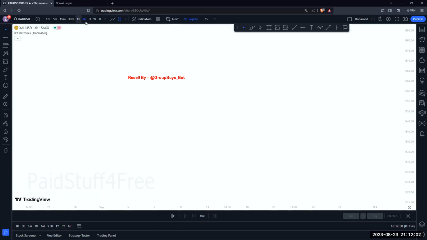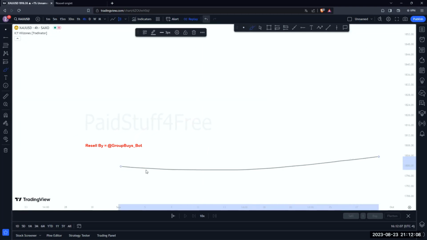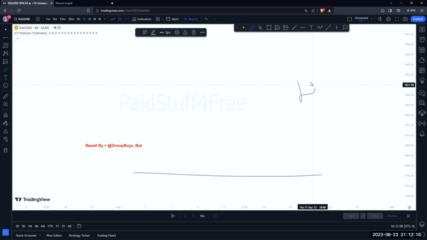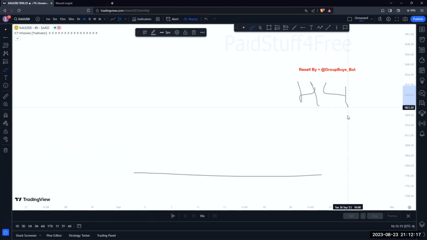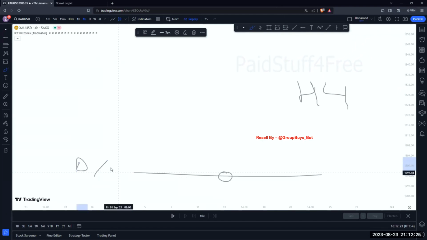So let's start with decision level, right? Decision level is always on H4. It can be formed after touching a daily level or weekly.